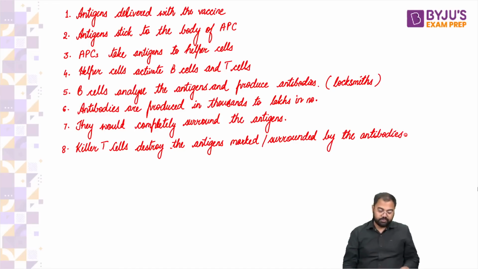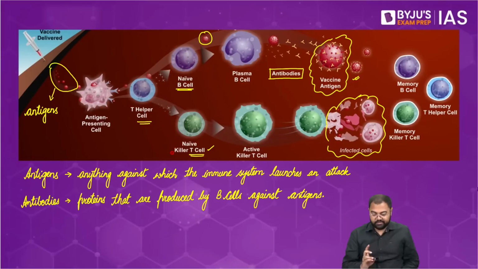So this is the role of the killer T cells. So what has happened effectively until now is that the antigens that had entered the body have been destroyed, right? They have been destroyed.